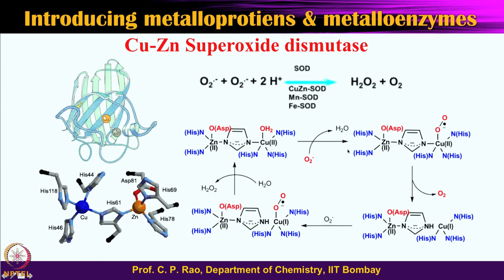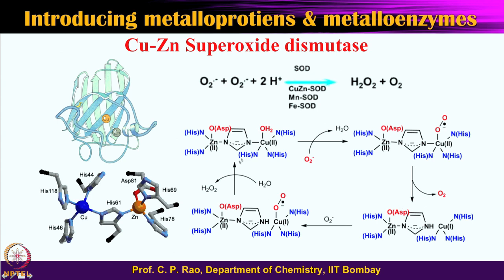So, in one step the copper is reduced, in the other the copper is oxidized. Similarly, O2 minus is oxidized in one and reduced in the other. O2 minus oxidized means O2, O2 minus reduced means H2O2. So the first step you get the O2, the second step you get H2O2.